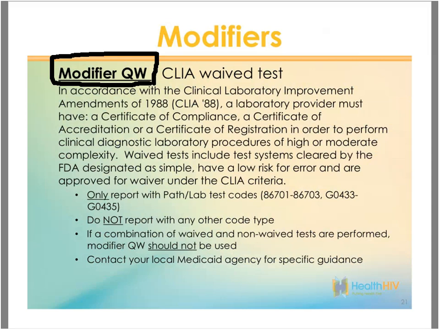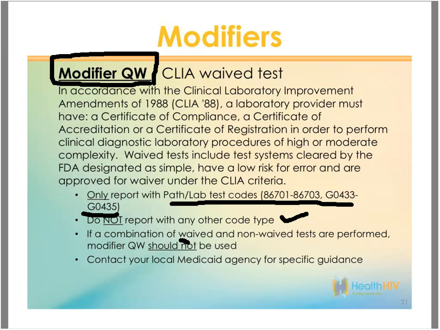So again, here are the test codes that modifier QW is appropriate to append. It's never appended to any other type of test. And in those instances where you are performing multiple tests, so if there's a waived test and a non-waived test, then modifier QW should not be used. So you have to determine which tests are designated as CLIA-waived.